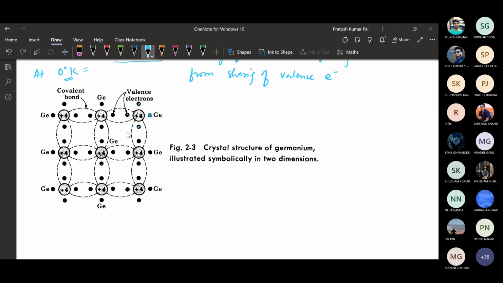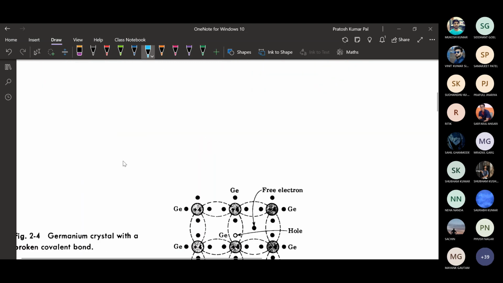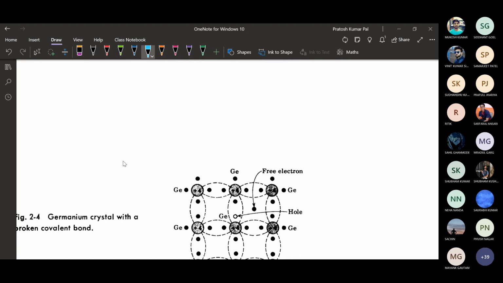Okay, so that's why a semiconductor at 0 Kelvin is considered as an insulator. So here semiconductors at 0 Kelvin are equivalent to insulators.